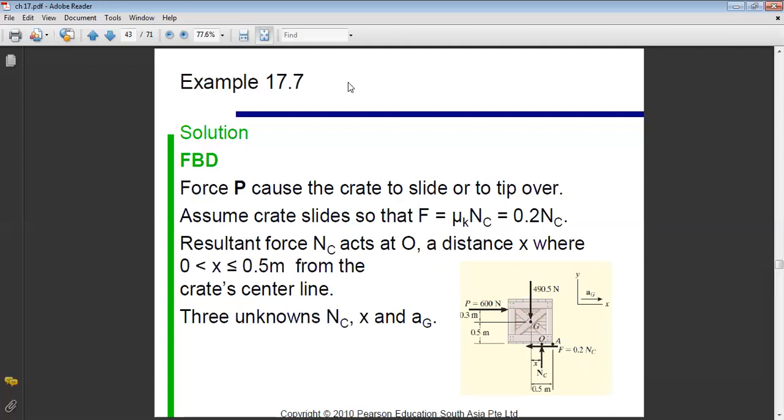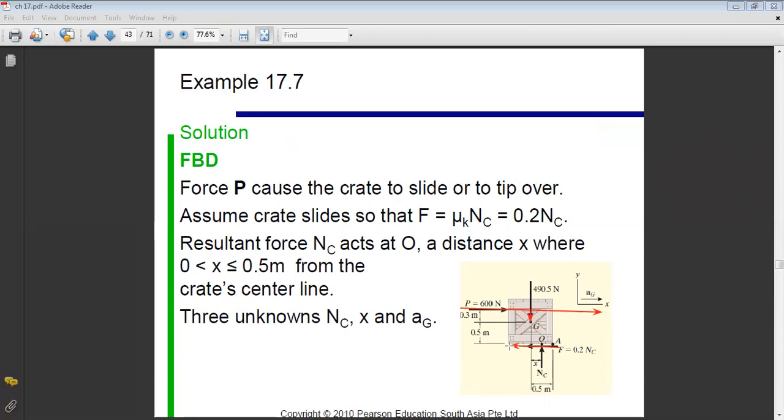What is the expression of sum of moment about G? I have first the moment of the force P. If I consider the counterclockwise as positive, I have minus P times which distance? 0.3. Okay, and if I consider the moment of friction now, friction also has a clockwise moment, so it's negative.